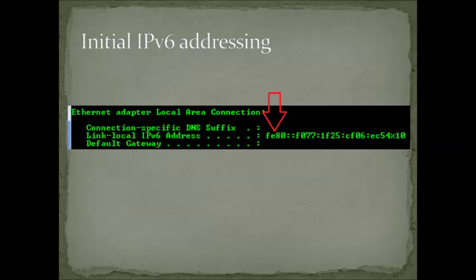So the only thing the host gets is this link local address, this address that begins with FE80, extraordinarily common. A couple of other things to point out: this particular address ends with the hexadecimal combination of EC54, so we want to remember that when we're looking at traffic, and there's no default gateway here at all.